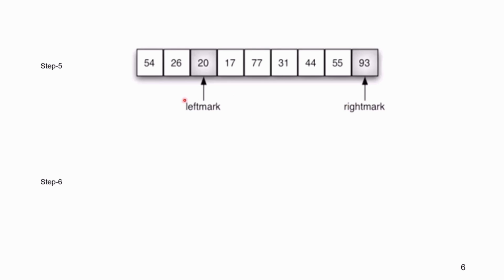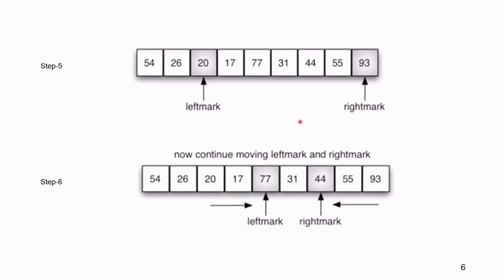Now that we have swapped 93 and 20 with each other, we are going to continue to perform the role of the left marker and the right marker. That means we are going to increment the left marker until we find an element which is greater than 54 and decrement the right marker until we find an element which is less than 54.